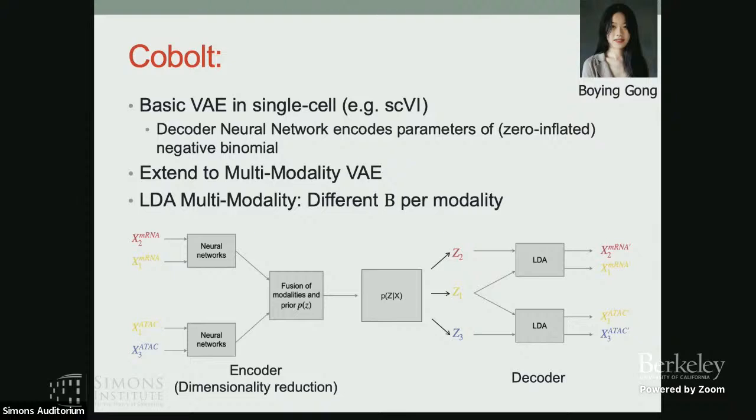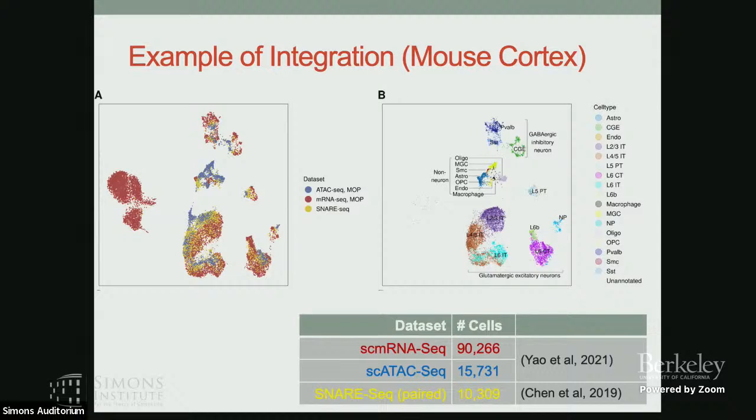And just to give you a sense of what this looks like in practice, in the end, what we get out are estimates Z for our different modalities. For example, this is a data set on the mouse cortex, where there were separate single cell mRNA and ATAC-seq data, and then also SNARE-seq from another group, but from the same system.